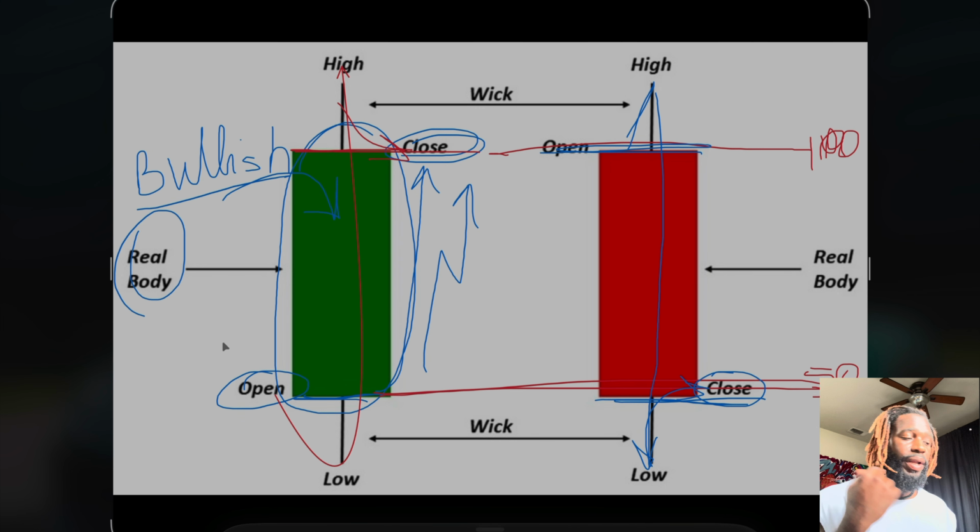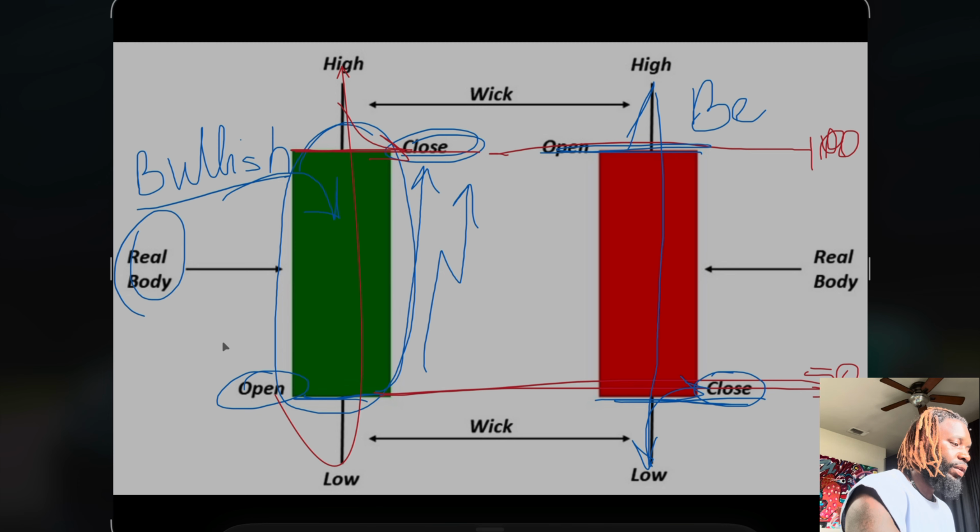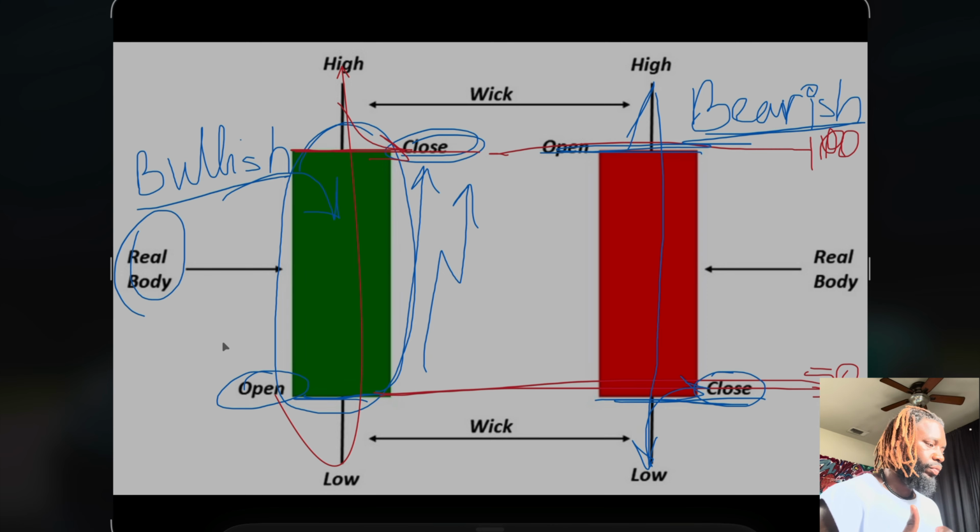And that's bearish. This is bearish, right? And so this means that price went down according to this candle during that time frame.